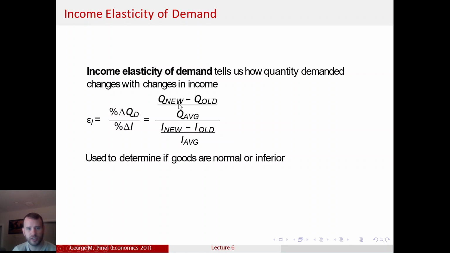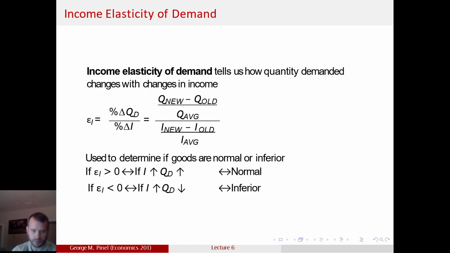Your quantity new must be less than your quantity old. So the whole fraction must be less than 0. You have an inferior good when your income elasticity of demand is less than 0.